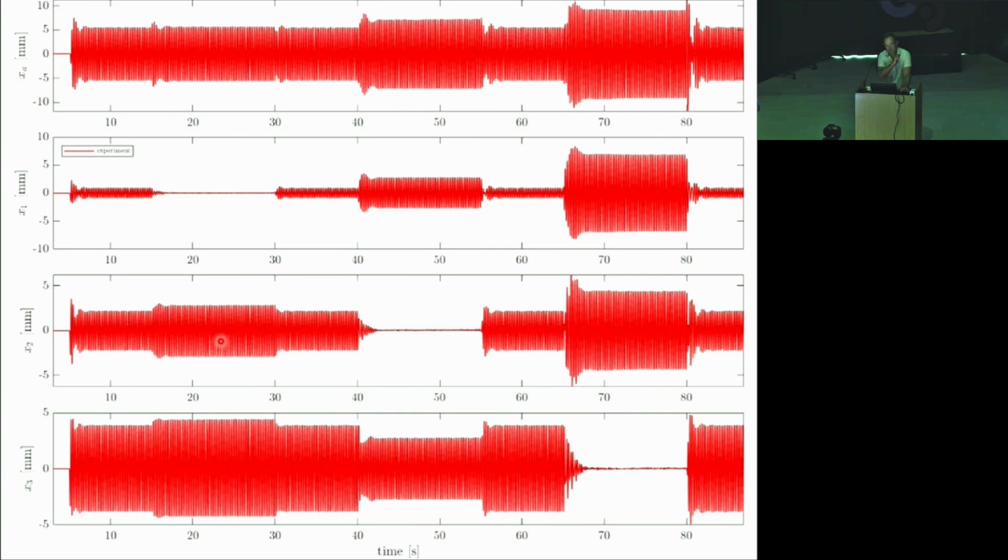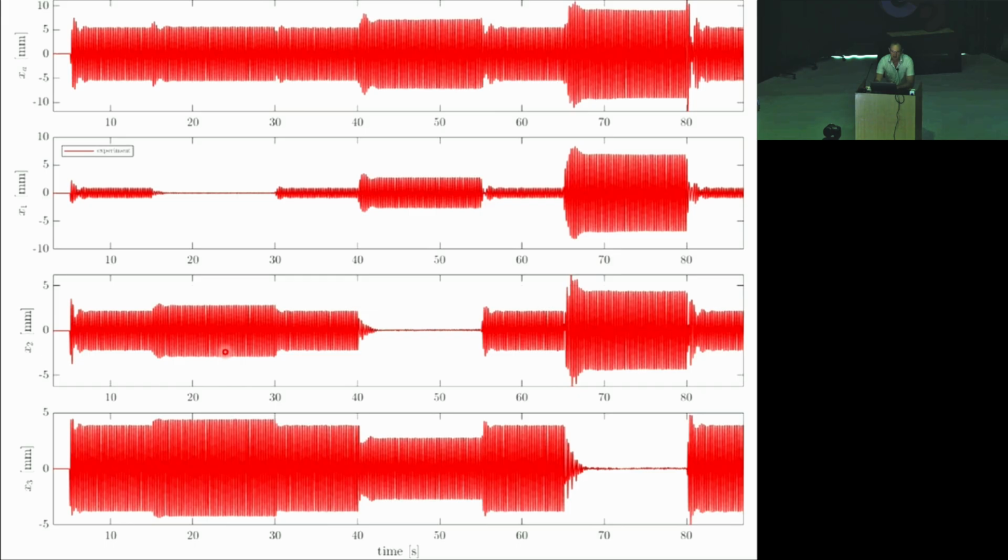This can be risky from a structural point of view, because it can lead to higher fatigue. So this is one problem. We would like to make the system resistant to that, to have better properties concerning the fatigue accumulation.